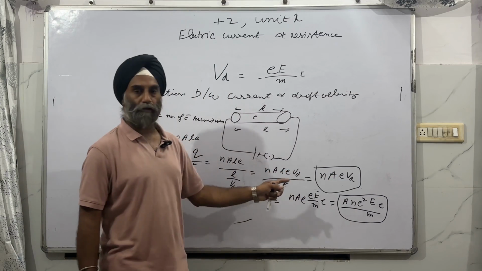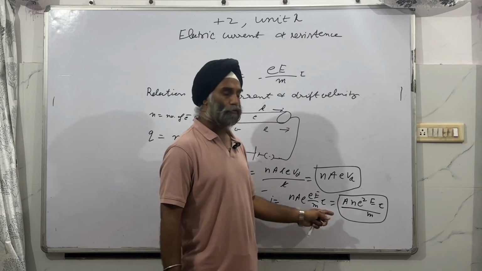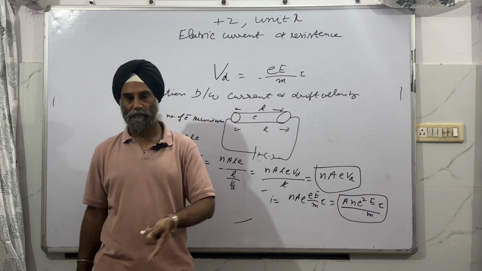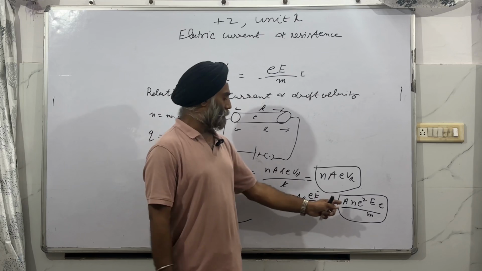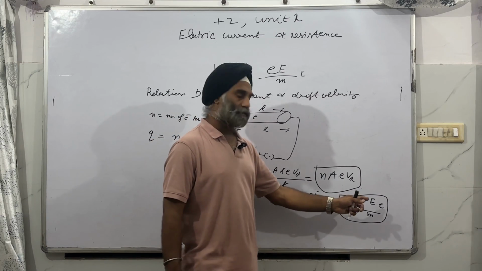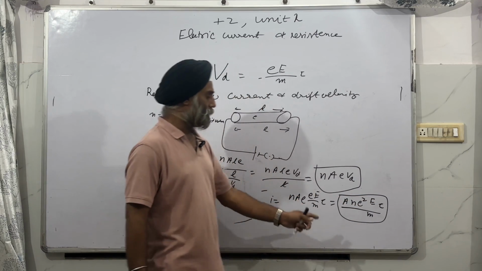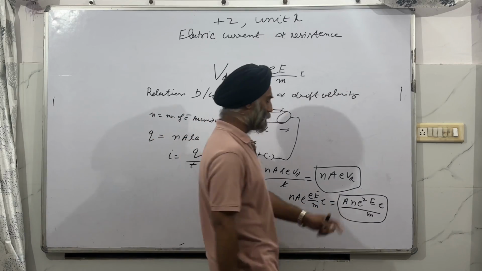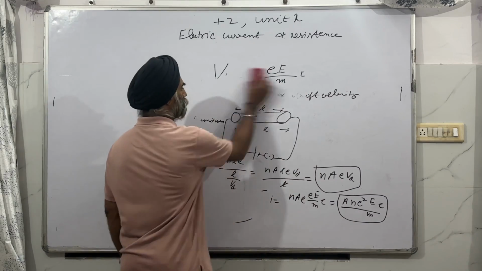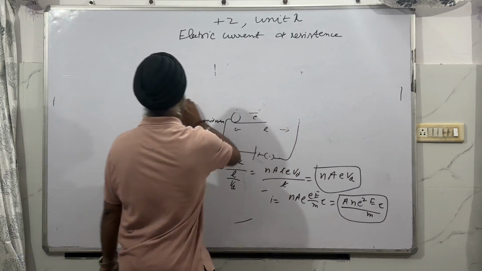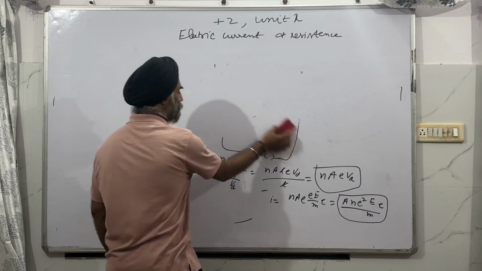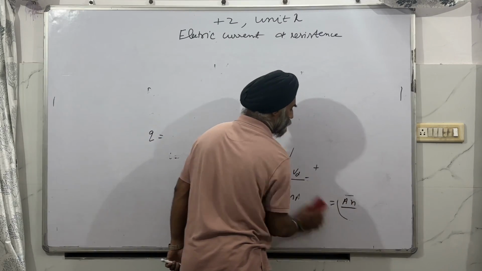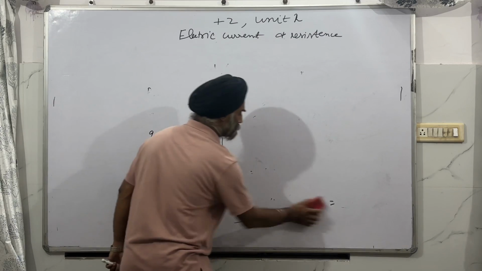When we put the value of Vd as eE by m into tau, which we derived in the last video, then I becomes nAe square E by m into tau. Then we have further used the resistivity.